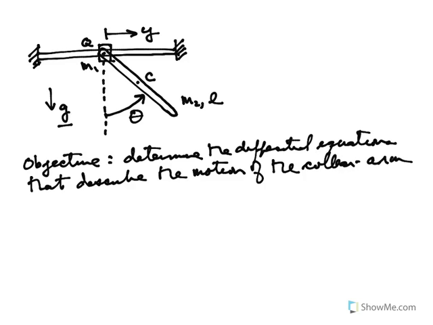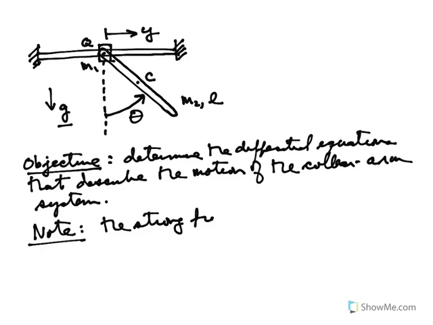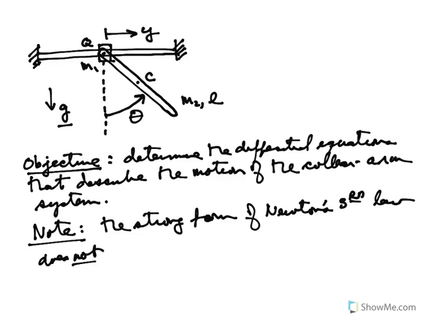arm system. Now, it's really important, and this is something that is really critical in doing rigid body mechanics problems, that I put this note right at the beginning so that we have it set up right from the get-go so that we're not debating it later: the strong form of Newton's third law does not apply to a rigid body.